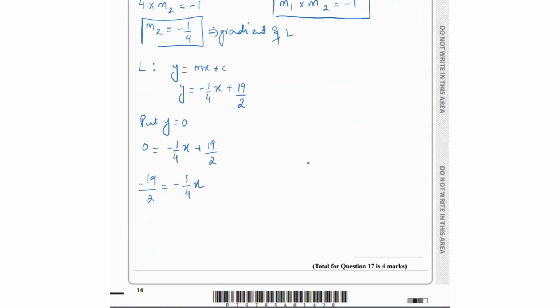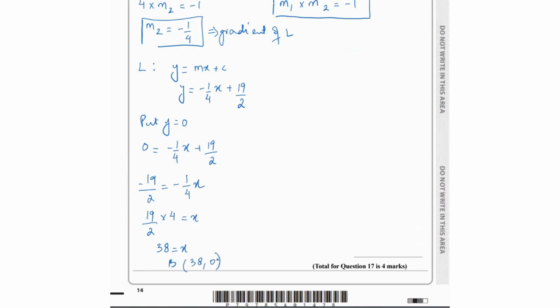The negative sign gets cancelled out, and we can cross multiply the 4 to the other side. So that's 4 divided by 2, which is 2, and we do 19 times 2, which gives us 38. So the coordinates of B are (38, 0).